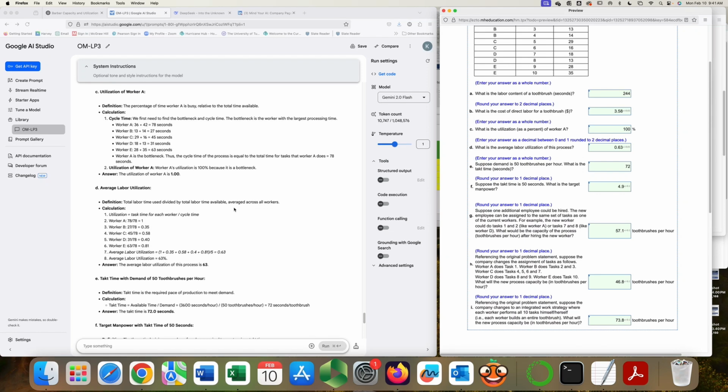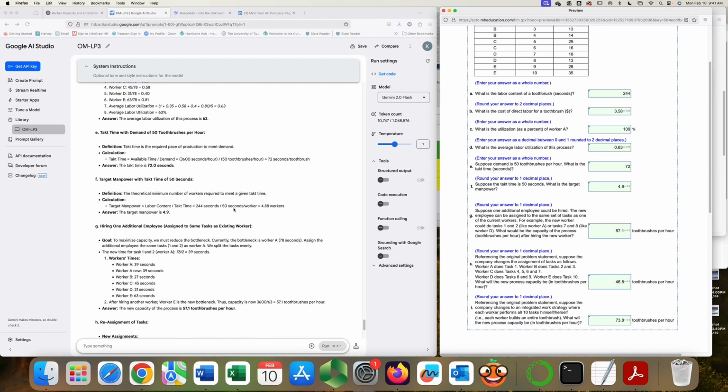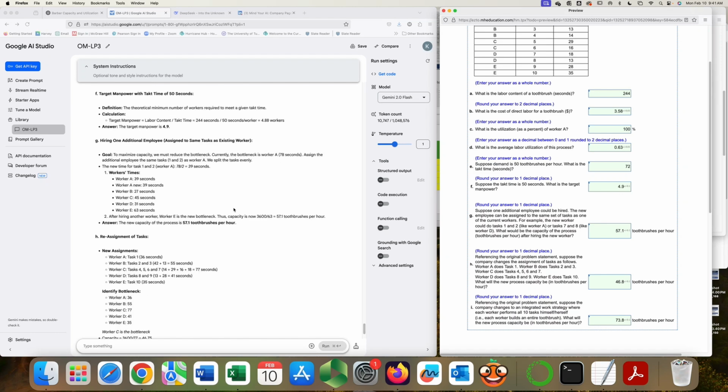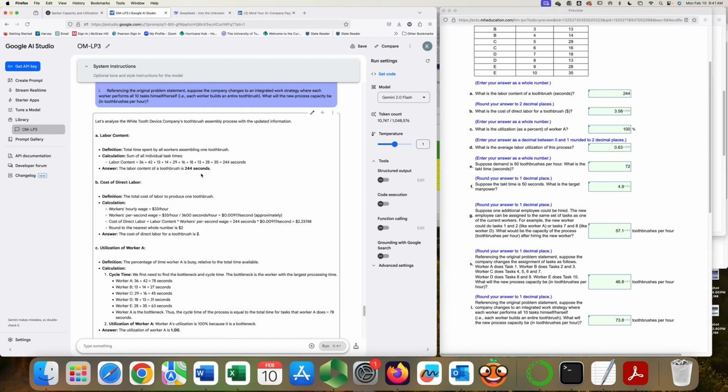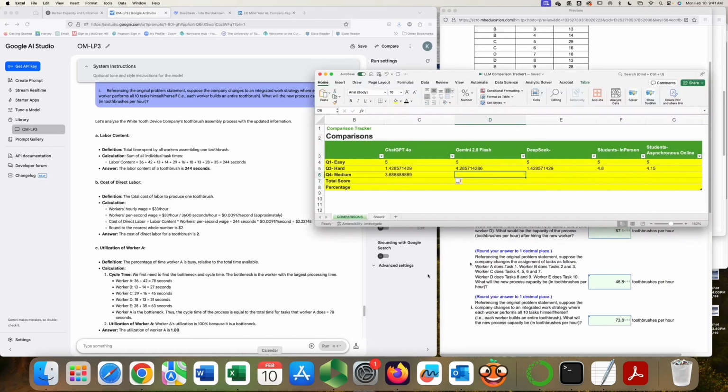But again, we're just comparing head to head. So 1, 63%, 72, F is 4.9, 57, 46. Yep, nailed it. So 1 incorrect, right? The second one is incorrect. So let's give the points for Gemini: 8 over 9 times 5.